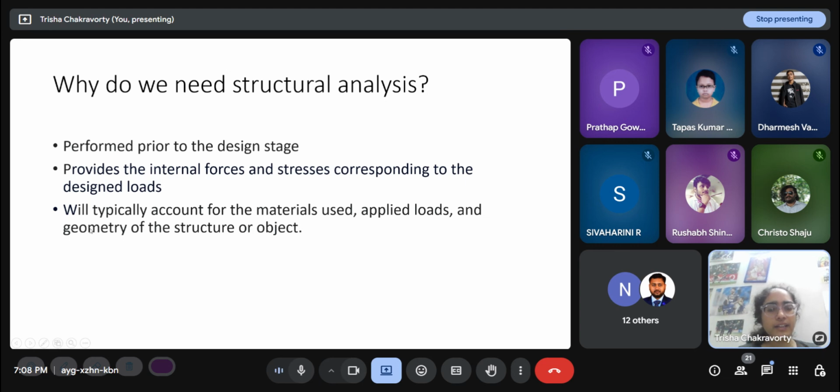Generally, in practical cases, the material is fixed, like you are going to take the supply from a particular vendor. So the grade of steel, concrete, we generally don't have much room to experiment. But the geometry of the structure is the most important part that we can play around with, to make sure that the structure as a whole will safely withstand all the loads it is expected to undergo in its lifetime.